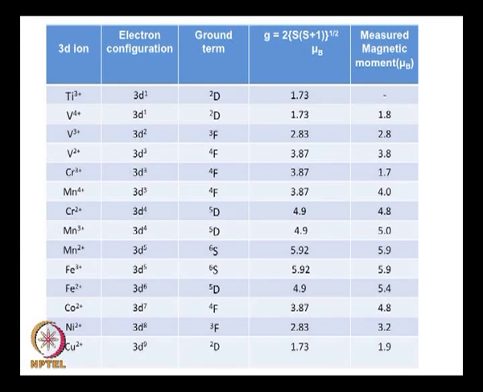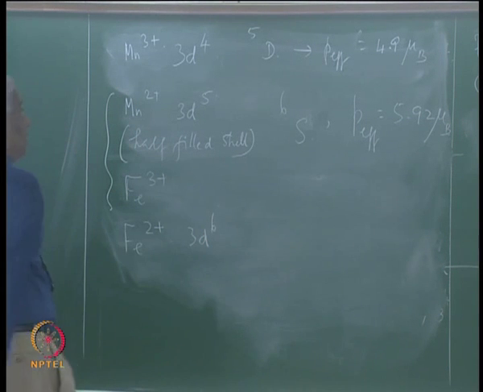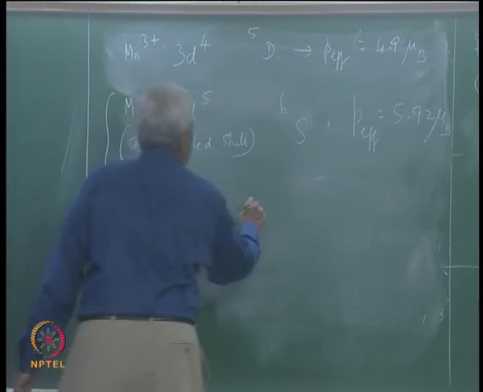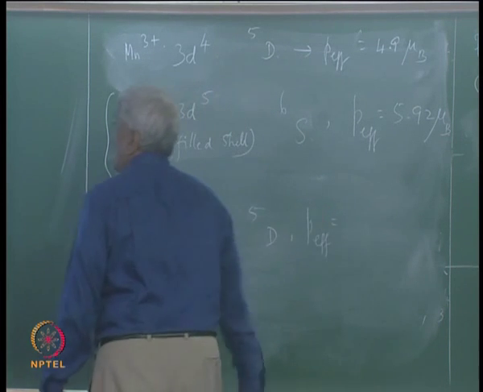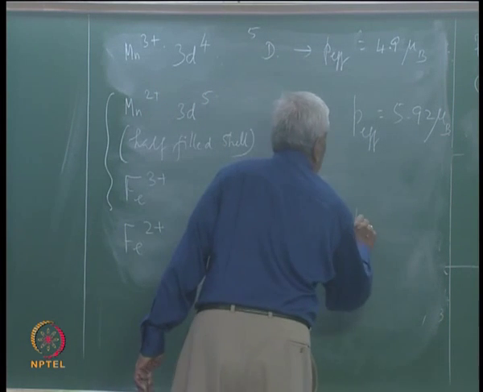It is an S state, and so the p effective is 5.92. This is also the case with iron 3 plus. It is isoelectronic. Then we go on to the ferrous ion, which has 3d6 configuration, and again a 5D ground term with a calculated magnetic moment of 4.9 as before.